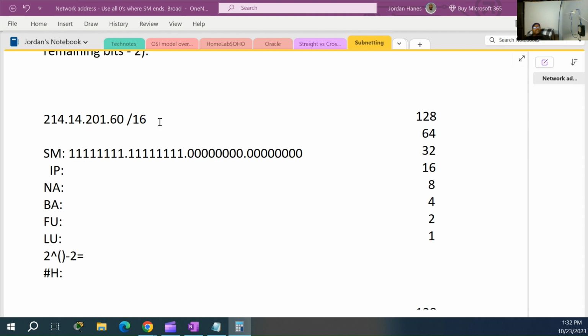Okay, so here we have 128. What we're doing here in each octet, 214, 201, 60, is trying to make the number for each octet. We'll get our binary representation by marking off which of these numbers we're selecting to create the number. Any combination of these will create the numbers you see here, well, the right combination.